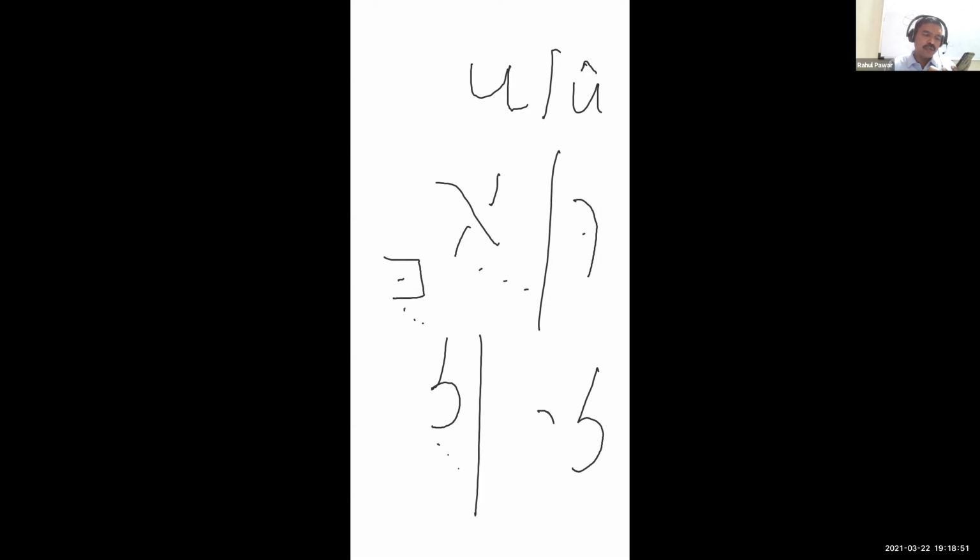If I put this shurek after lamed, it will become Lu, but it is a long vowel. This kibbutz is a short vowel, whereas this shurek is a long vowel.